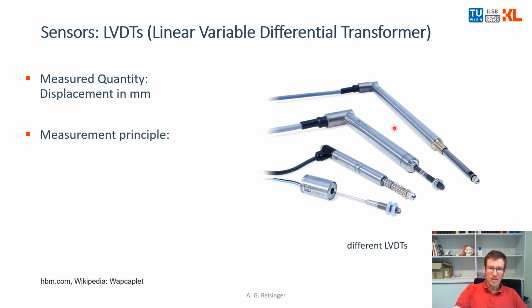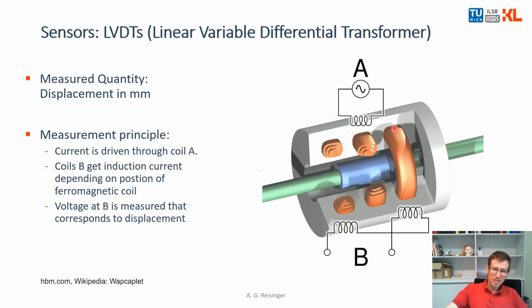And the measurement principle is you have in this hollow cylinder part, in this tube part, coils, and coil number A is subjected to a current, and the inner piece, so the rod, is made from a ferromagnetic part, and depending on its position, a current is induced into two other coils, so coils B, and this is what you measure.